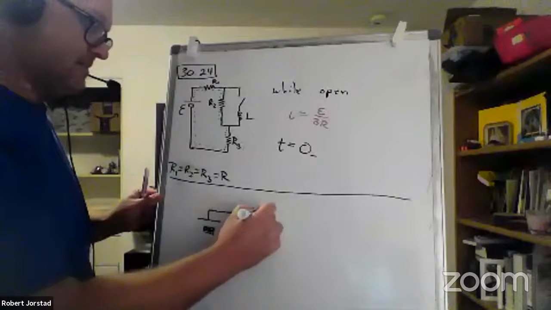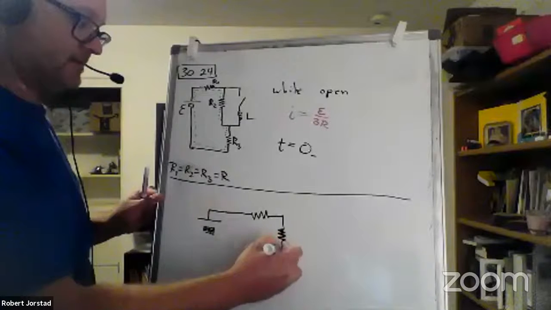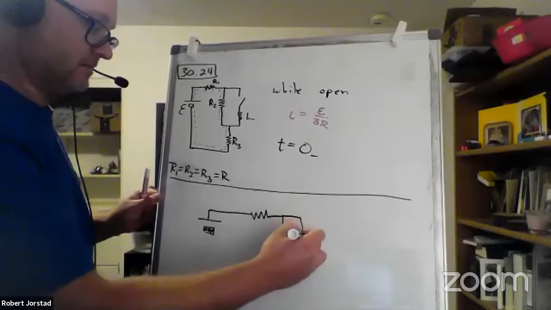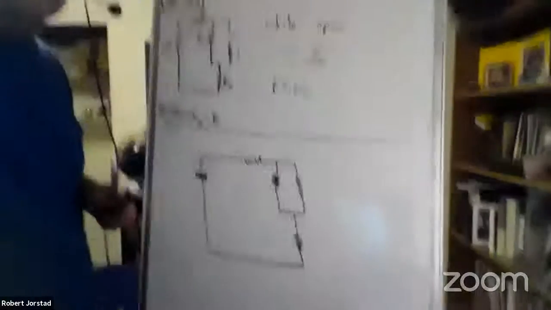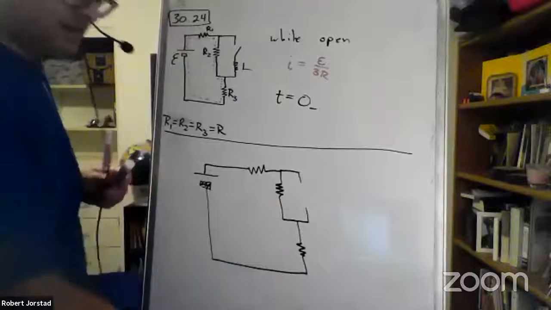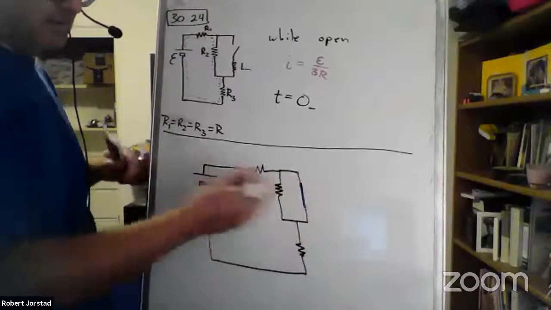And then remind me, what does the inductor look like in steady state? A short. So in this case, we could replace this with a short, even though it's not really a short, it's an inductor.